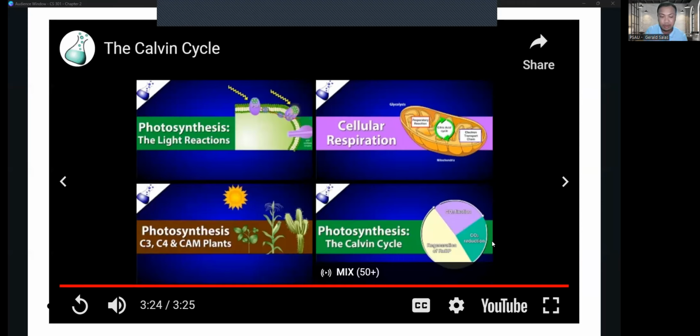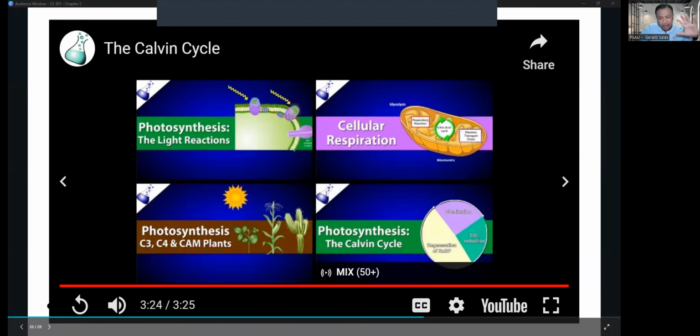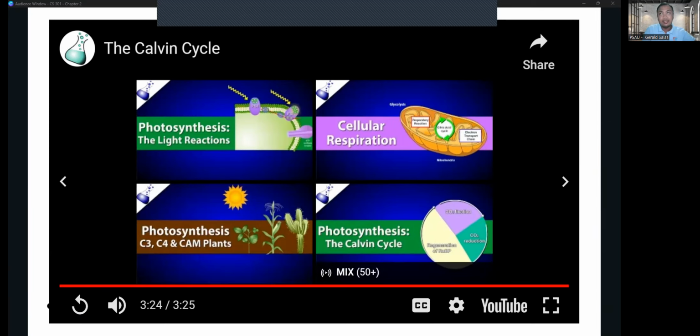It starts with the fixation, the reduction, then how the regeneration of the RuBP occurs in the plant cell. So this is generally the real photosynthesis, on how the carbon dioxide is converted into carbohydrates or into glucose.